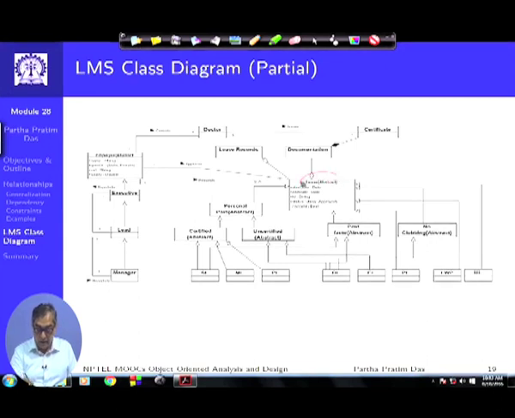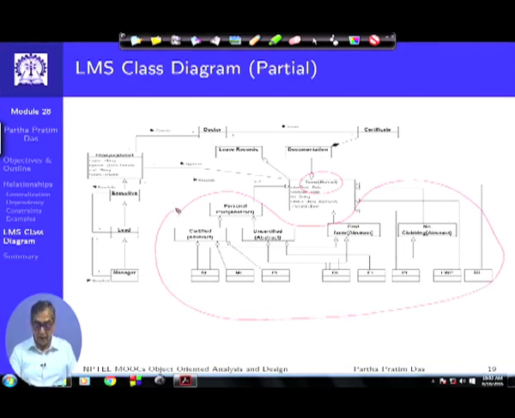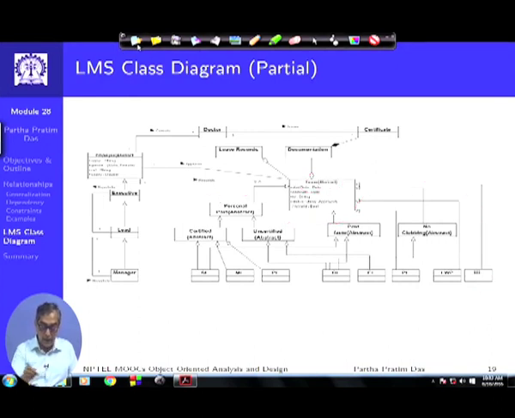Here we have the abstract leave class, and on this side we have this whole generalization hierarchy from the leave, which will all inherit the semantics of the association that the leave makes. So, critical is the employee abstraction and the leave abstraction, which have an association requests, which is request leave, meaning that an employee requests leave.